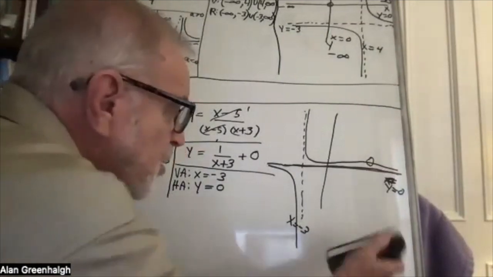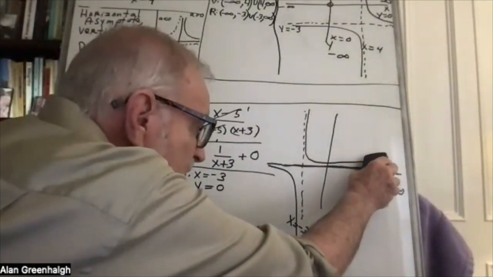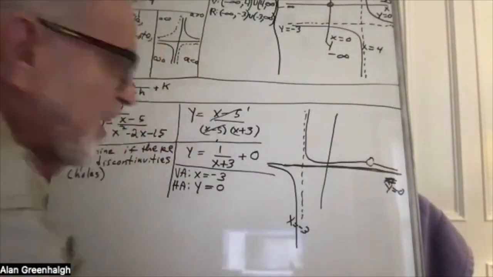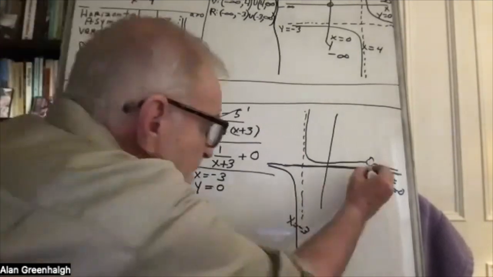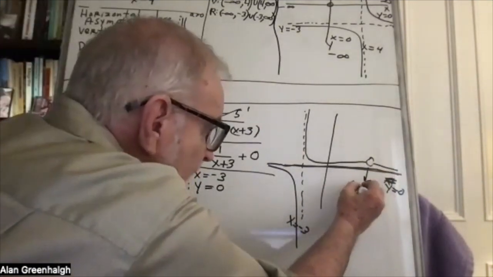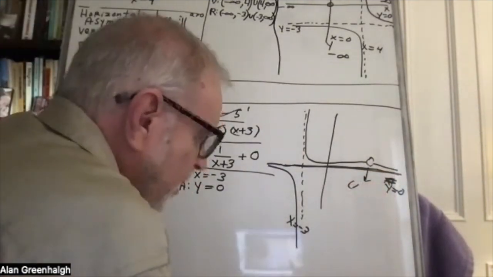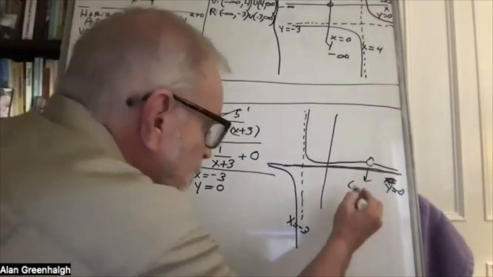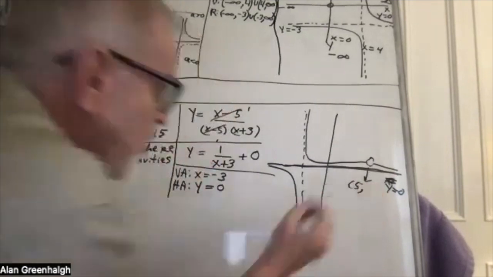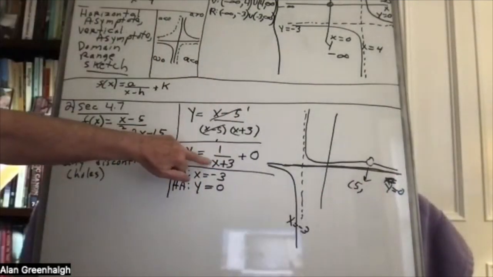And all you need to do is that. I always sort of make it look like there's an actual hole, but that's not necessary. Okay? You could do it that way. And this is the point where x is equal to 5. And to figure out the value of y, you simply let x equal 5 over here.